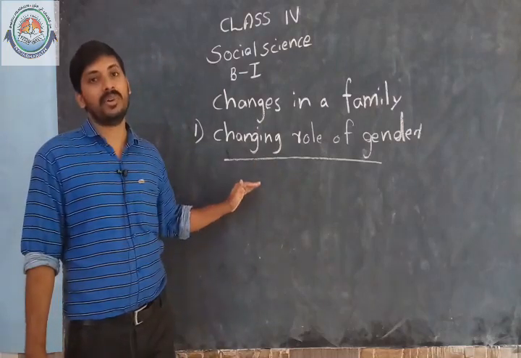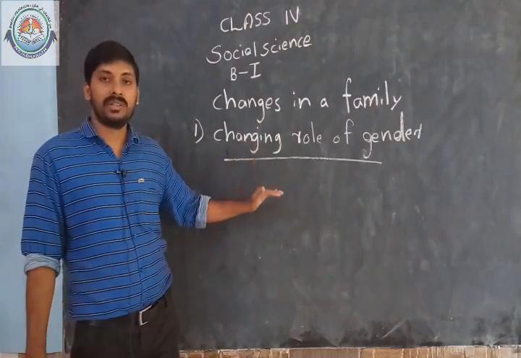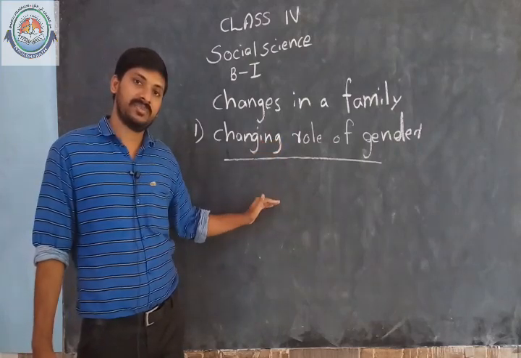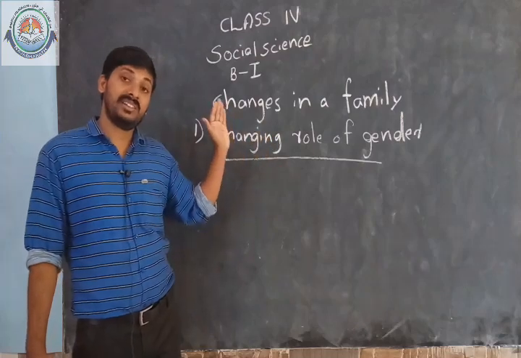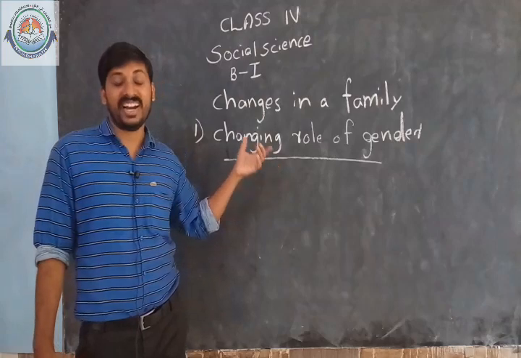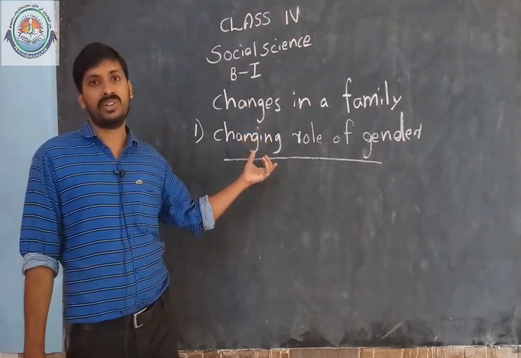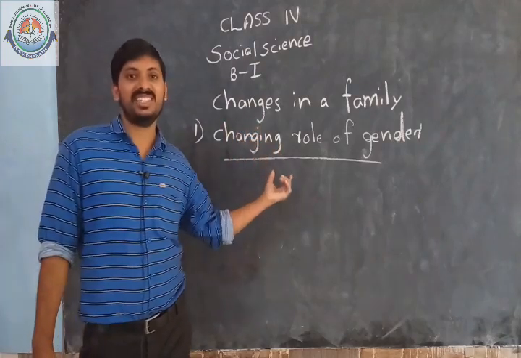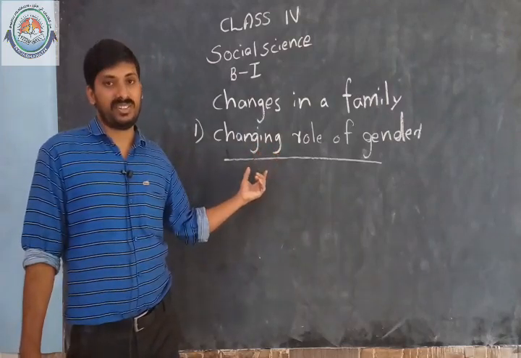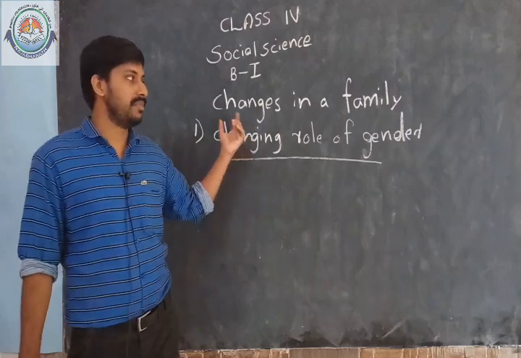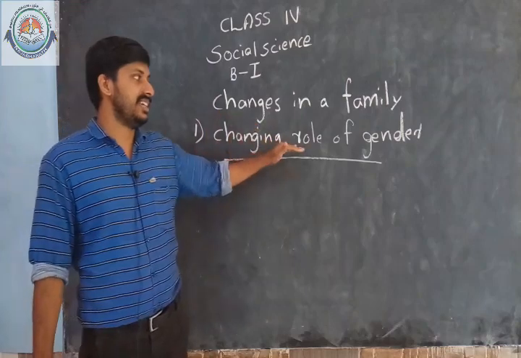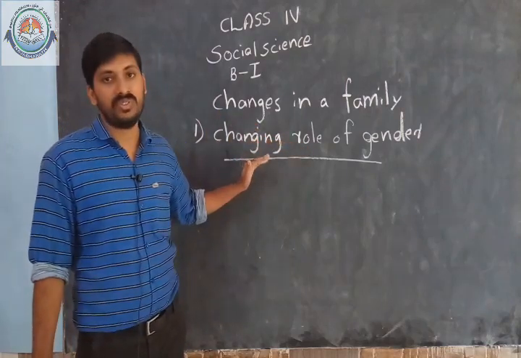And Gayatri? Gayatri's mother is a housewife and Gayatri's father is a doctor. Why does Gayatri think that only boys can be doctors? Gayatri's father is a doctor, and she simply thinks that only boys can be doctors. By analyzing this story, we can discuss the changing role of gender.